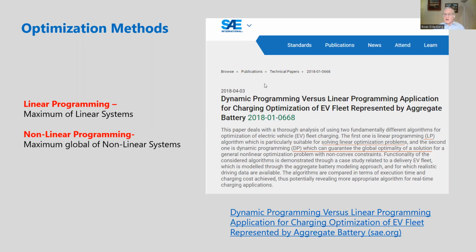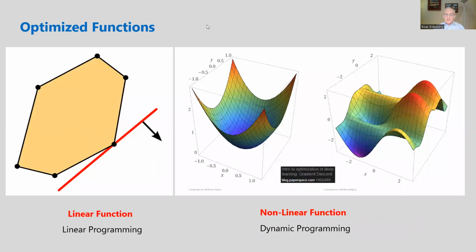And we have here an article that discusses dynamic programming versus linear programming applications for a certain problem. The functions that we try to optimize, for example, when we minimize, could be with one minimum or could be with several minimums, or the negative could be maximum.